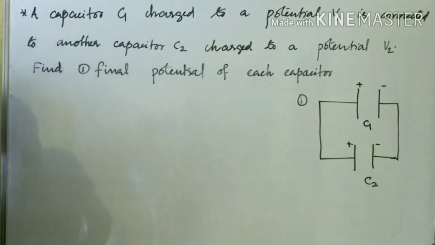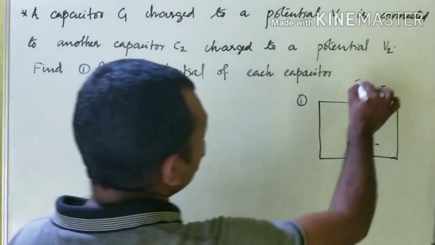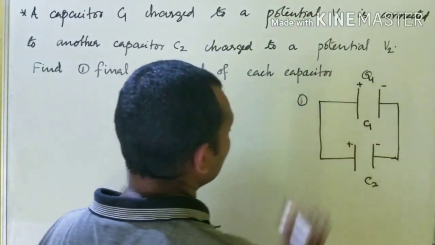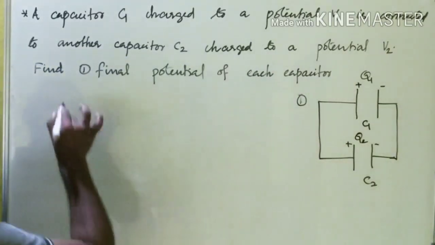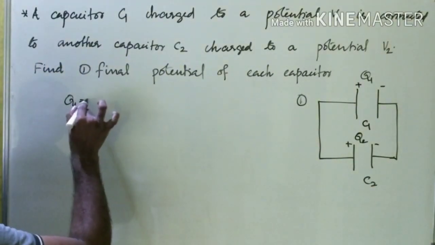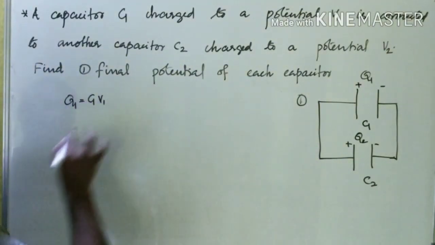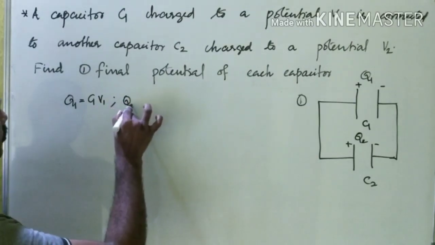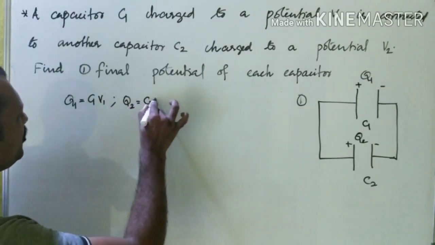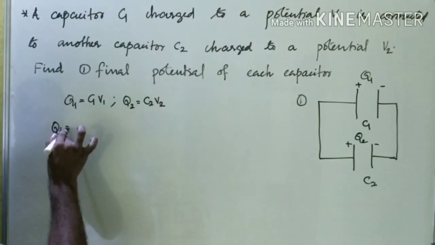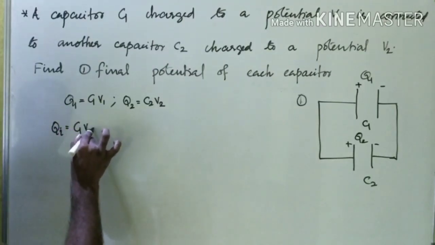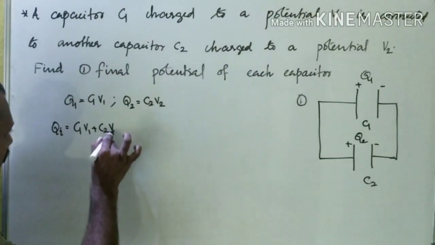Let us suppose that the charge on this capacitor is Q1 and the charge on this capacitor is Q2. Now Q1 is equal to C1V1, and Q2 is equal to C2V2, which means the initial charge on the system is C1V1 plus C2V2.